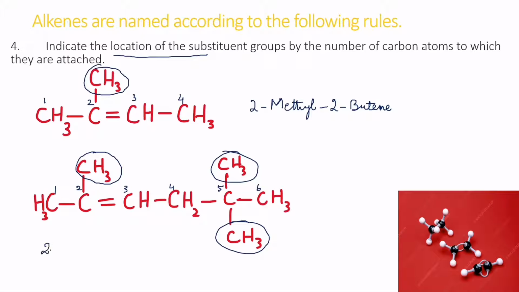I'll write 2, 5, 5. See, all the three substituents are the same, which are methyl groups. So I will write trimethyl, and then 2-hexene.